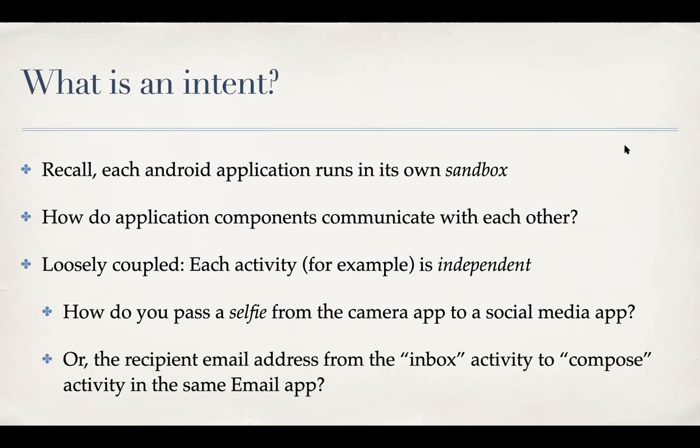So on the inbox activity of say your email app, you find an email address, you click on that and you expect the compose activity to open with that email address in the to box, right? How is that email address communicated from the inbox activity to the compose activity? Should the mechanism for these two be different, or should it be the same? So the answer is, well, it is different, but it is also the same, as we'll see pretty soon.